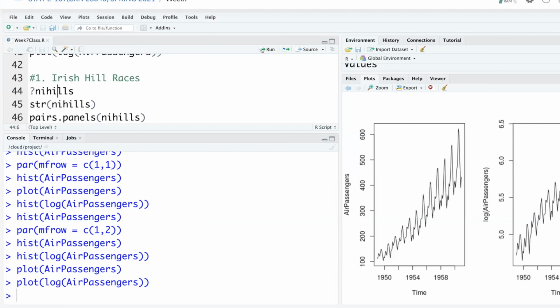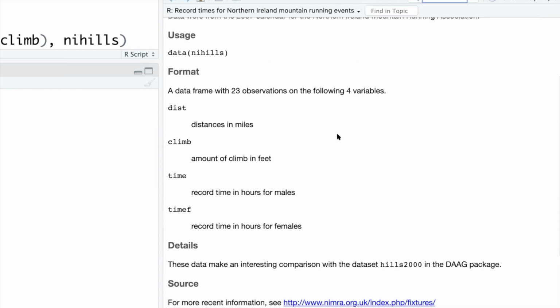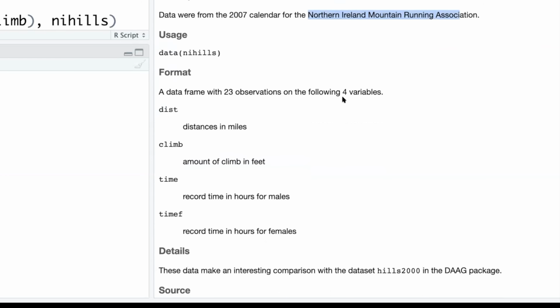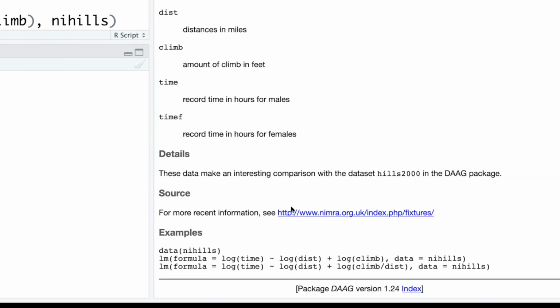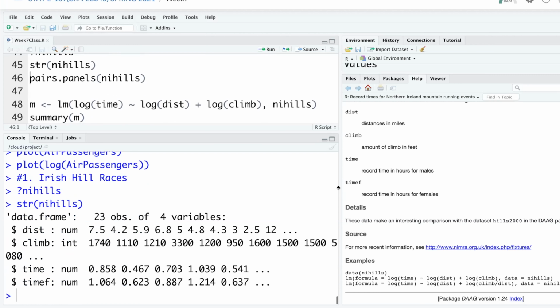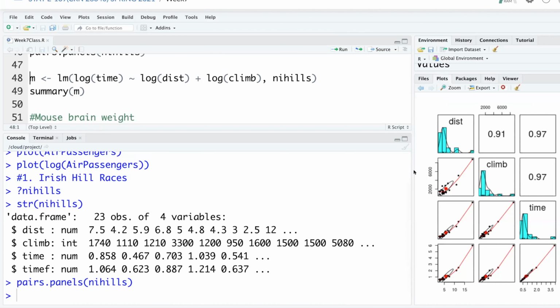For the Irish hill race data, if you put a question mark with the dataset name, it will give you more details. This was done in 2007. The Northern Ireland Mountain Running Association contributed to this data, and they have other information here. So this is the structure of the data, mostly numeric or integer variables, and the pairs plot that we saw.